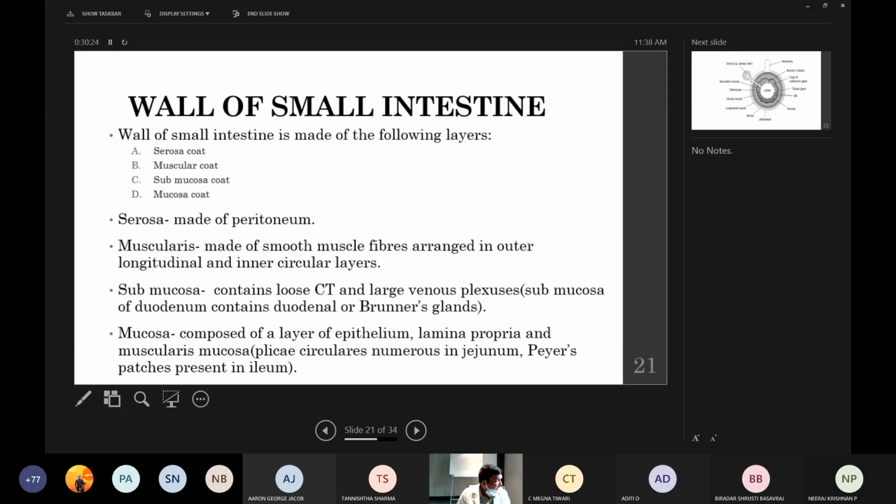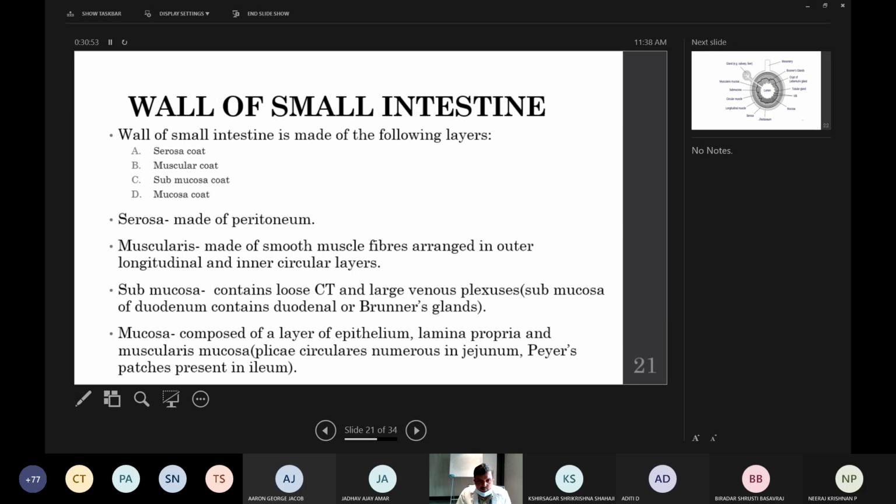Simple squamous? Huh? Columnar. Which columnar? Ciliated? The whole GIT is lined by simple columnar epithelium. Yes, lined by simple columnar epithelium.